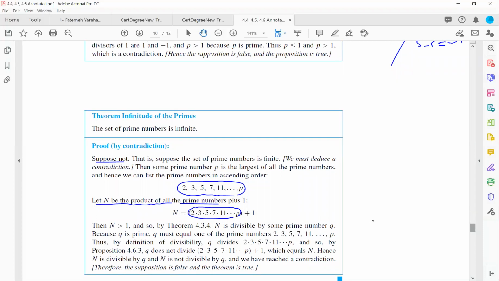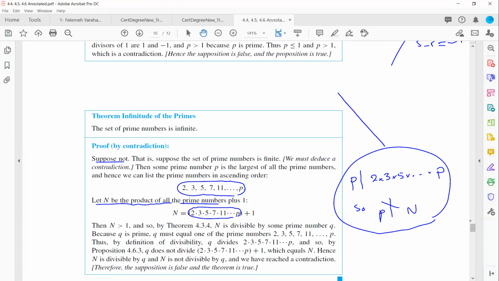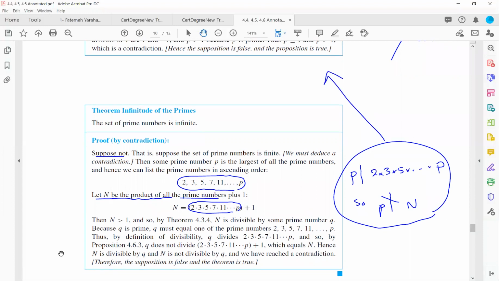We have that from previous theorem. 3 times 5 times p. So p doesn't divide n. For sure you know this using previous theorem. Now take a look at your number n.